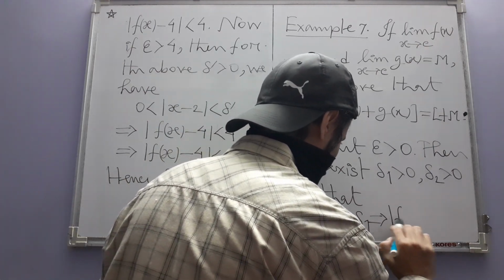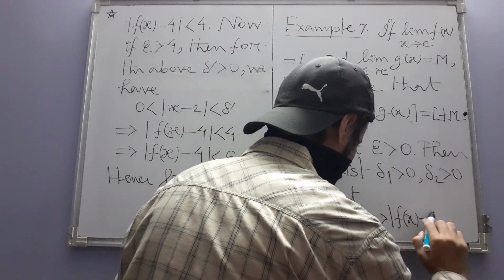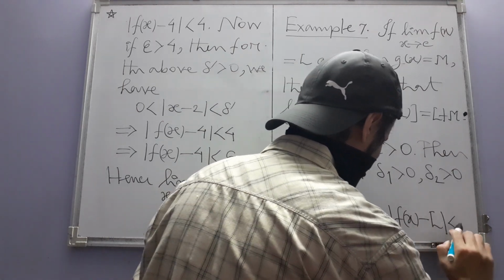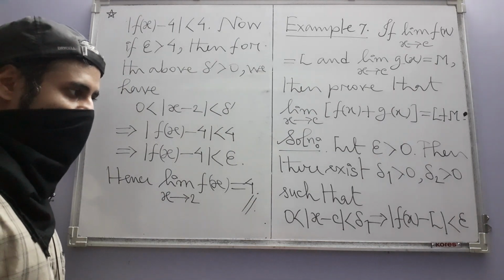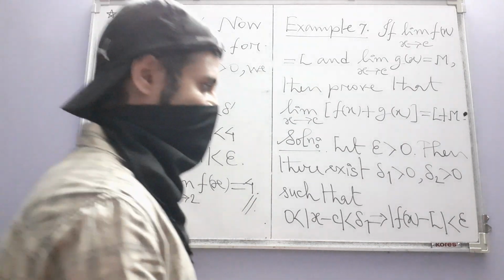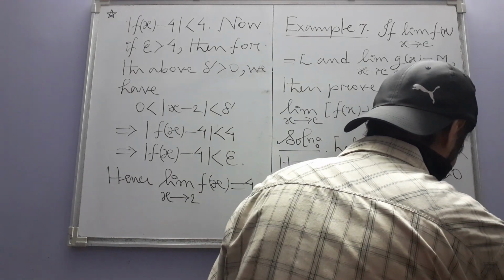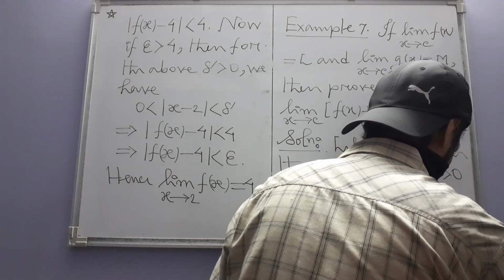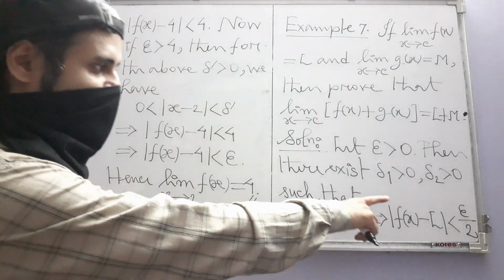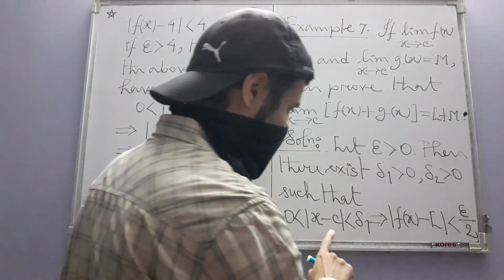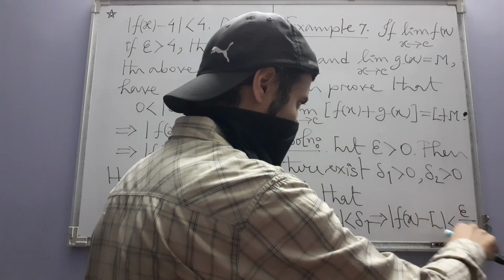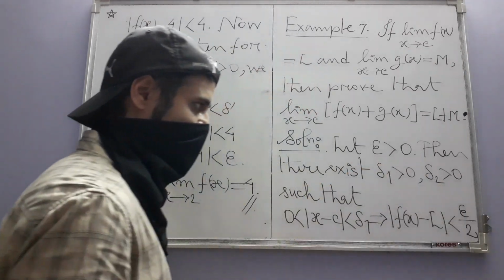implies the difference between f of x and L is less than epsilon, of course, but we do a trick here. Instead of writing epsilon, we write epsilon over 2. You can think of it as a new value of epsilon, because anyway, whatever we are writing here should be true for any positive real number here.